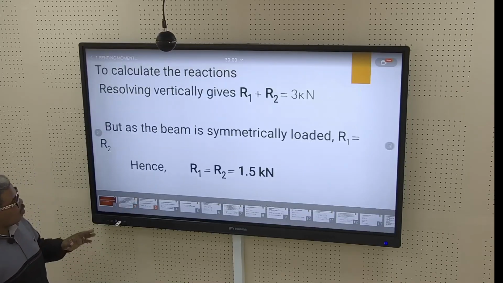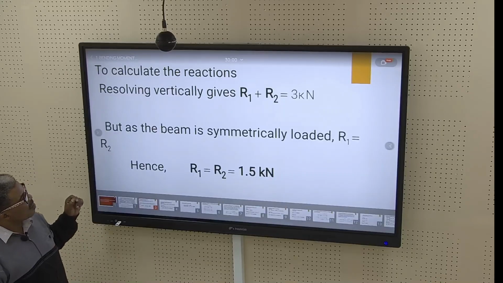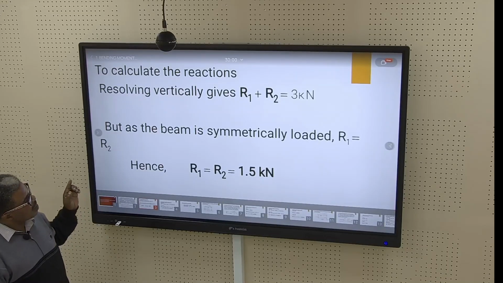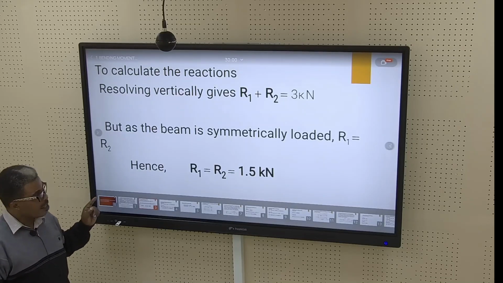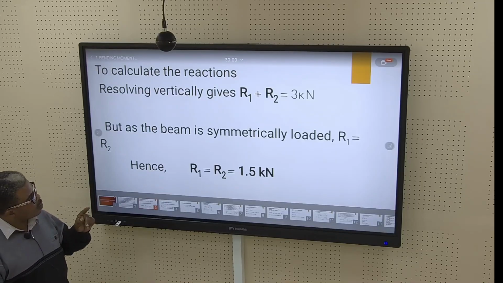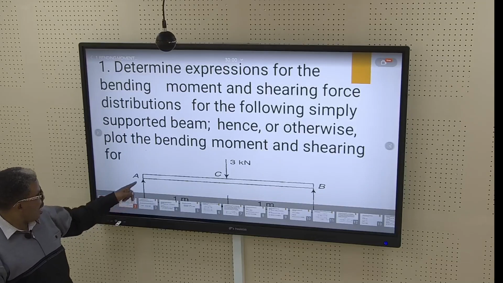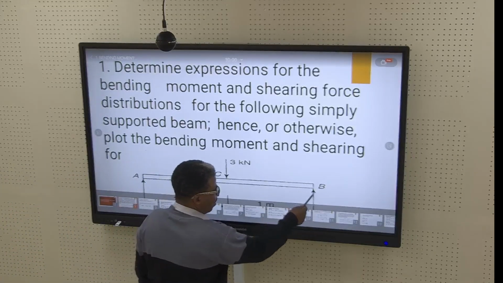First of all, we need to calculate the reactions, that is the forces at R1 or RA and R2. Here one can say RA or R1, here R2 or RB.